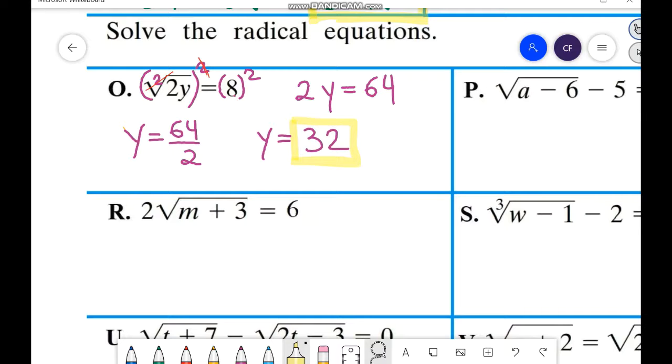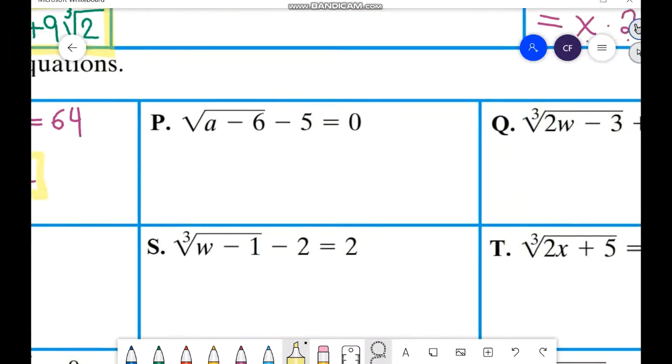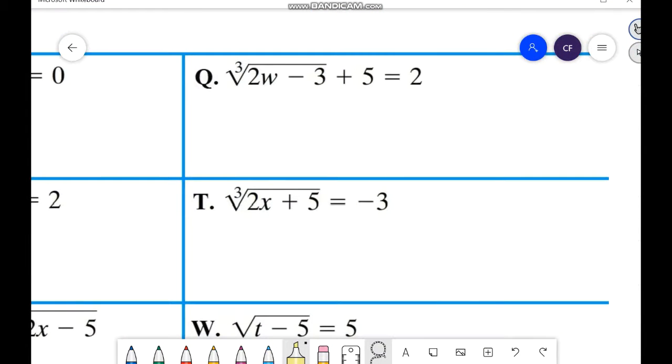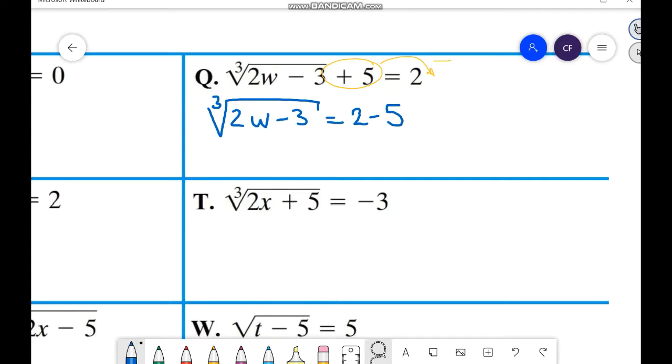Letter O, that's fine. Let's skip letter P and move to letter Q. Now there's a problem. The first step we cannot skip because we need to isolate the radical, and there's this plus 5 here that's bothering us. So let's move this positive 5 to the other side, and it becomes a negative. So we will have the cube root of 2w minus 3 equals 2 minus 5, right? 2 minus 5 is negative 3.